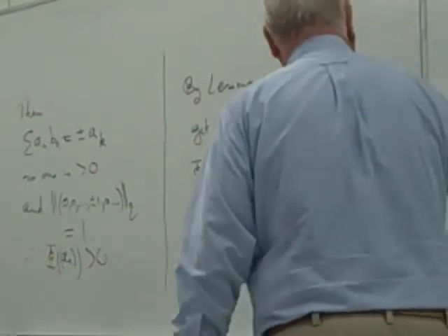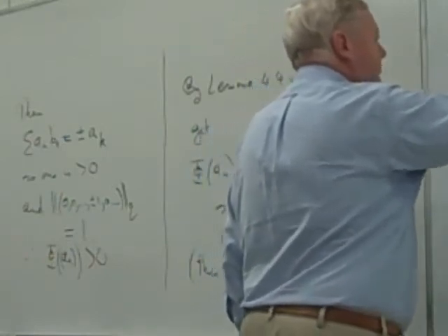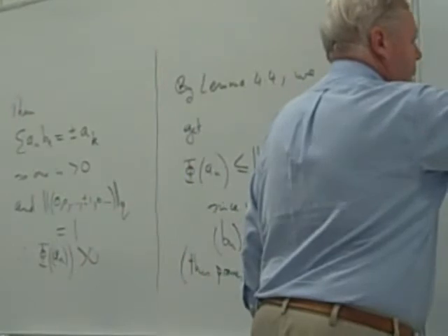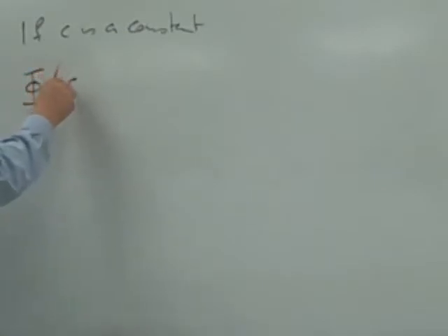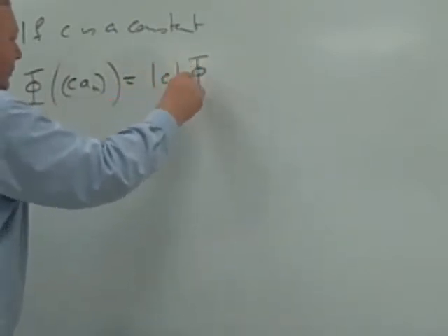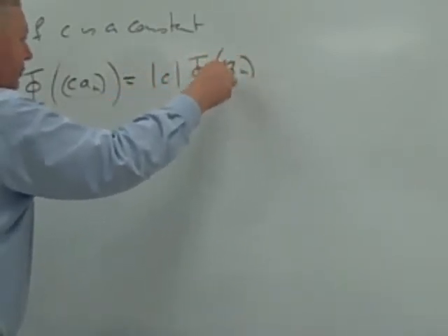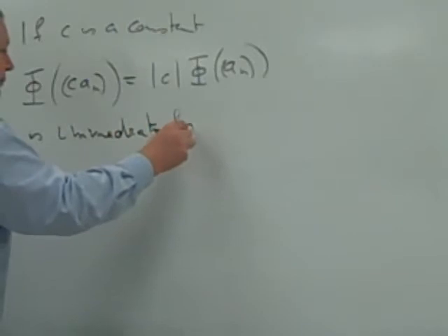Now, just from the nature of the definition, if c is a constant, then phi of the sequence c a_n equals the absolute value of c times phi of the sequence a_n. That is immediate from the definition.